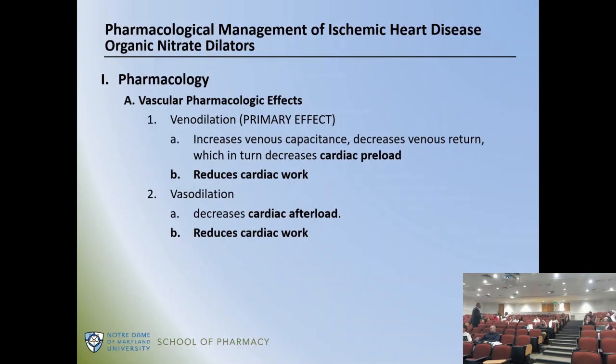And then what's the macro level mechanism for that, right? If it reduces cardiac work, does it directly lower heart rate and stroke volume? Does it reduce preload by reducing venous return? Or does it reduce afterload or systemic vascular resistance, okay? And then on the other side with the coronary blood flow. Everybody got that? All right.